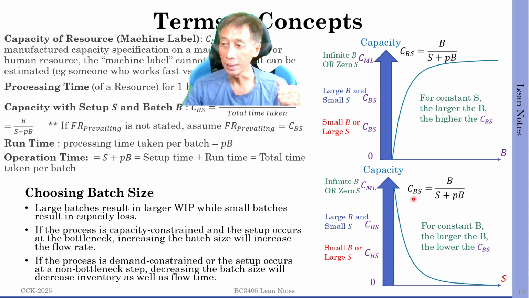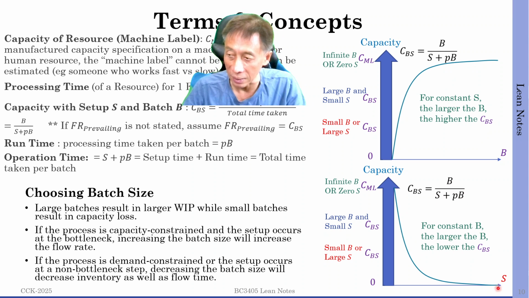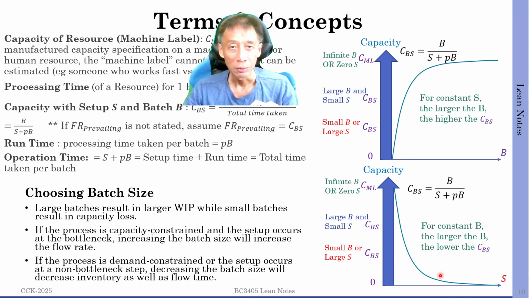Okay. Next, if we have a fixed batch size, we hold it constant, so we can cancel it out. And as the setup time increases, what happens to our effective capacity CBS? As S increases and the rest are all constants, then basically we are having 1 over infinity.